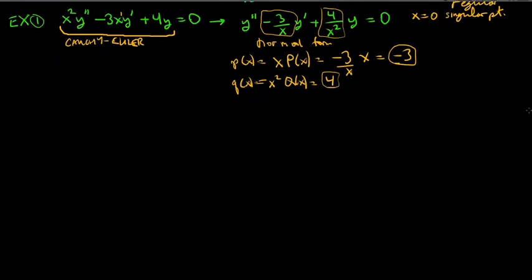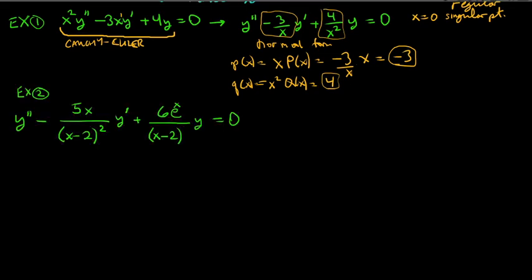All right, so let's look at another one. Example 2. We have y double prime minus 5x over x minus 2 squared times y prime plus 6e to the x over x minus 2 times y equals 0. First note that this is already in normal form, because the leading coefficient is 1.